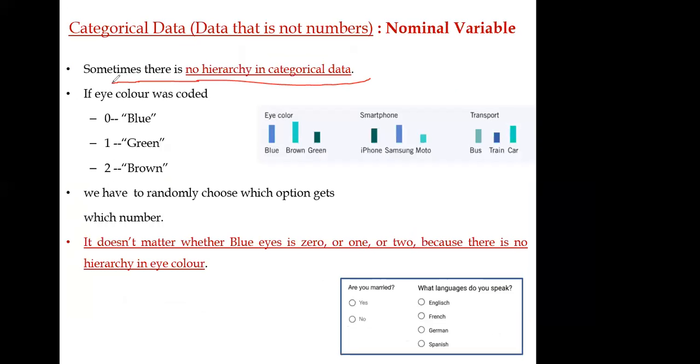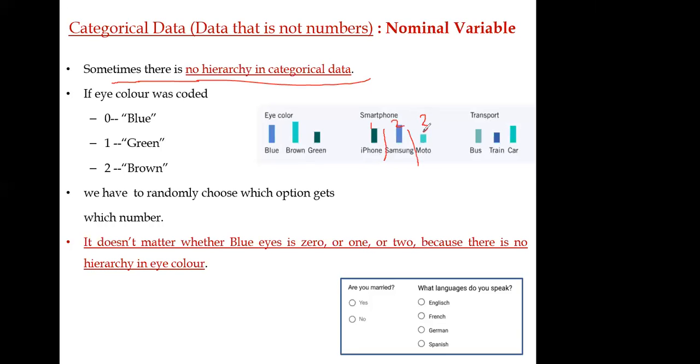For example, I am asking, what is your phone type? iPhone, Samsung, Motorola. We can put 1, 2, 3 for iPhone, Samsung, and Moto.